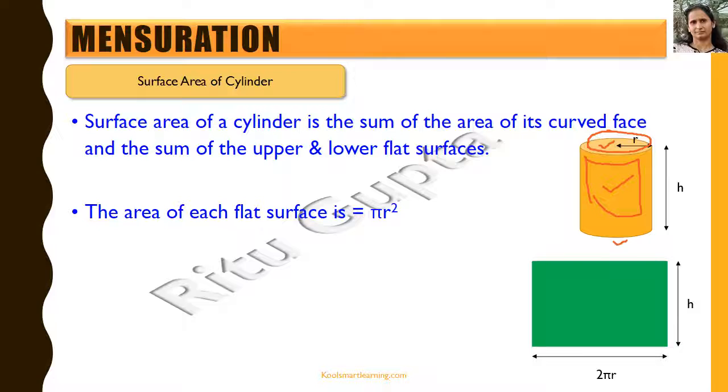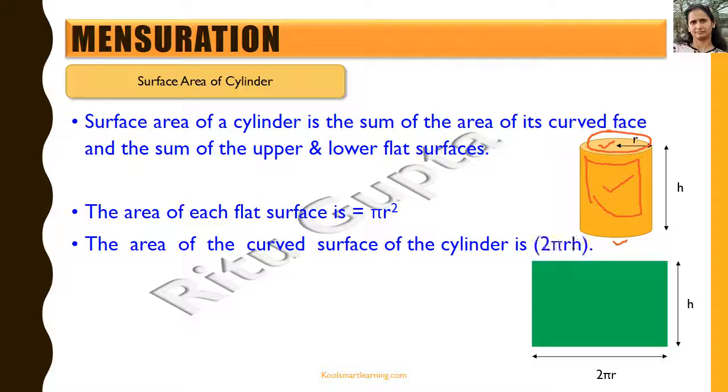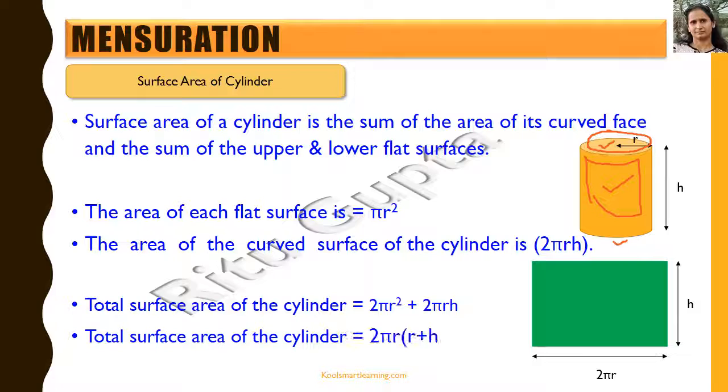So the area of the curved face of the cylinder will be 2 pi r h. Hence the total surface area of the cylinder becomes 2 pi r h plus 2 pi r square, because there are top and bottom two faces of pi r square each. Or you can say the total surface area is 2 pi r into (r plus h).